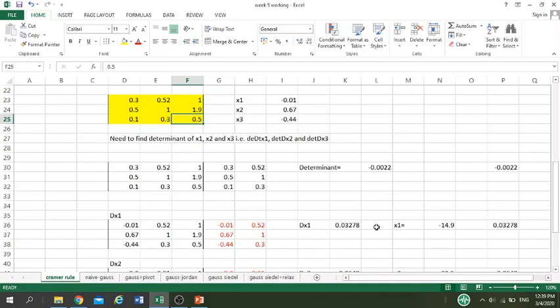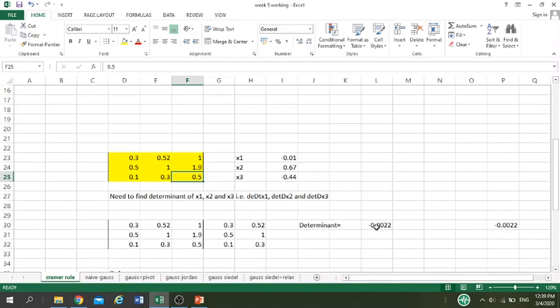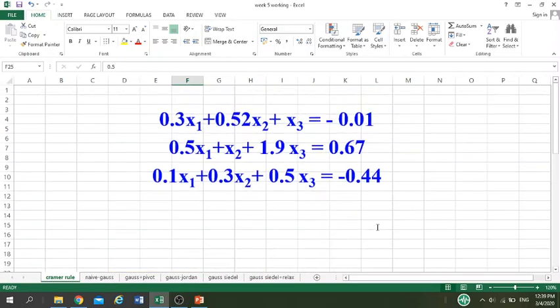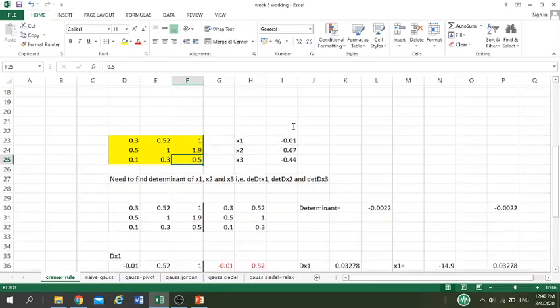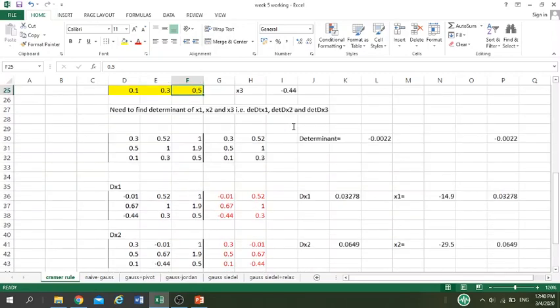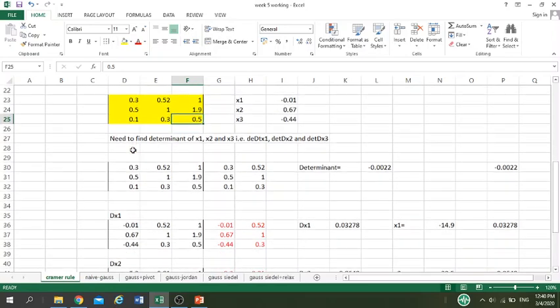Then we have to find the determinant for each of x1, x2, and x3. How do we find these? For x1, we write down again the original matrix.